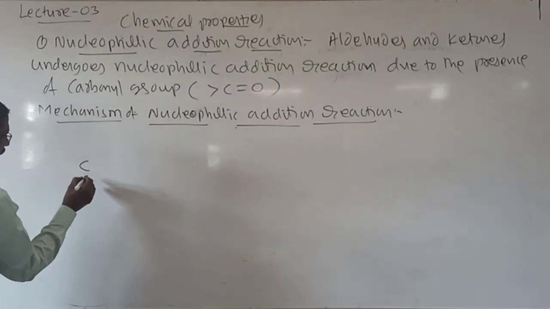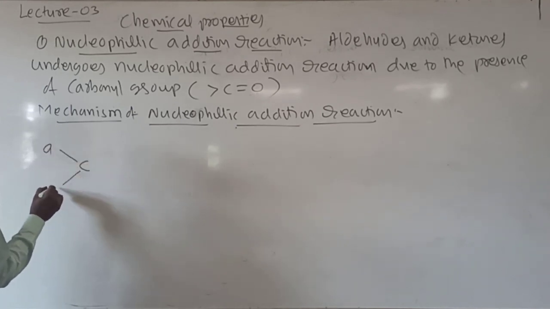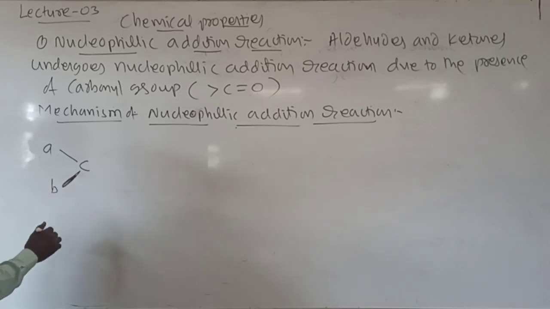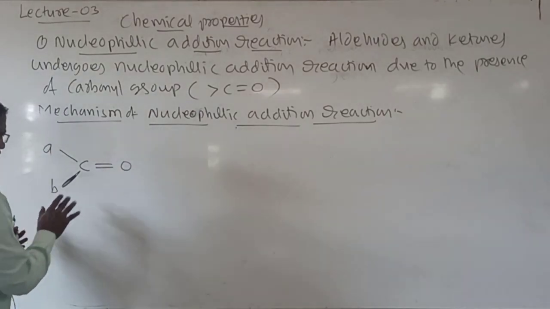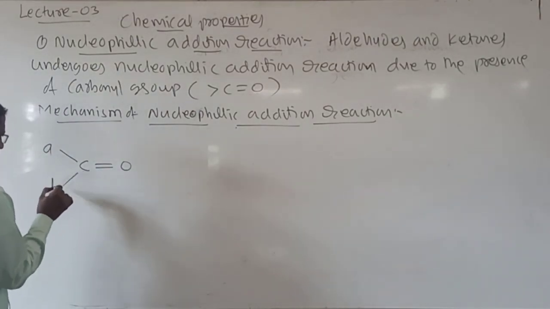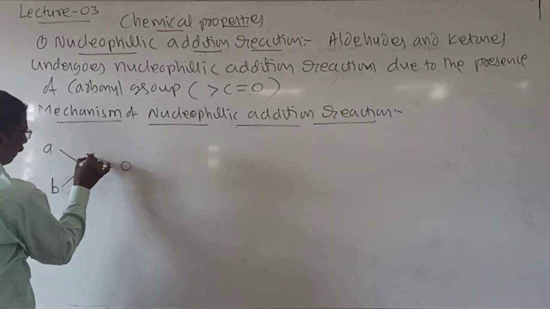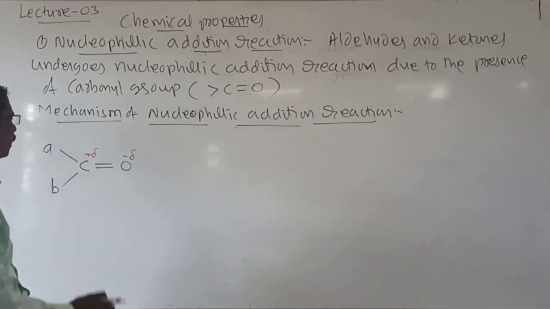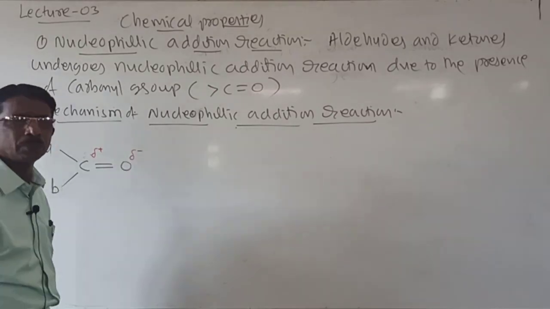Look here, carbon with A, B, and then a double bond to oxygen, with a positive charge on carbon and a negative charge on oxygen, or you may write delta plus and delta minus.